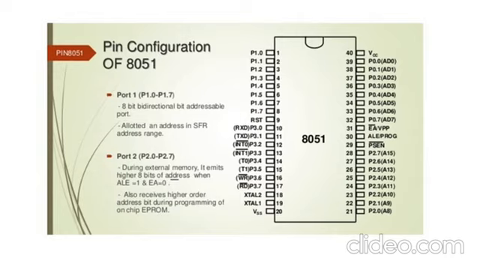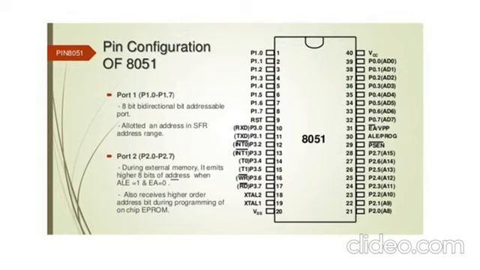When he mentions that these ports are bit addressable, it means I can manipulate individual bits in that port. See, if I want to write port 0 as 00H, then all of P0.0, 0.1 to 0.7 will be 0.